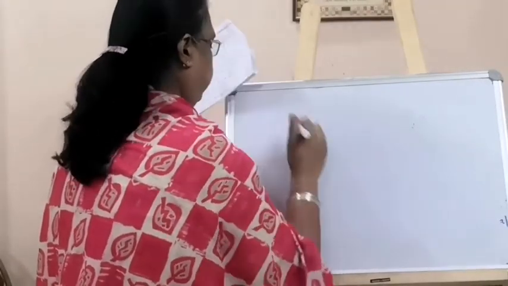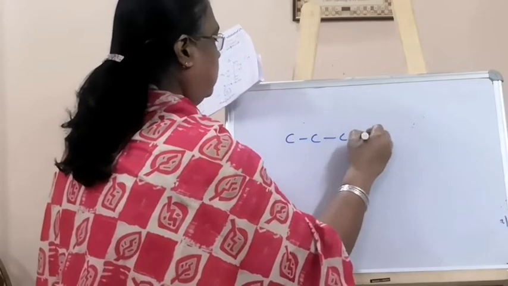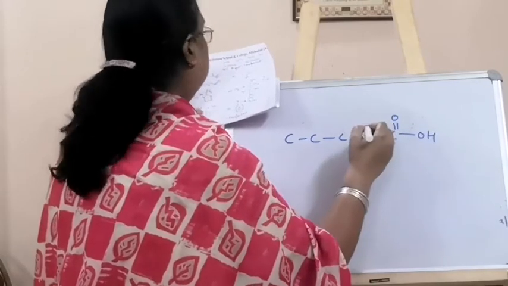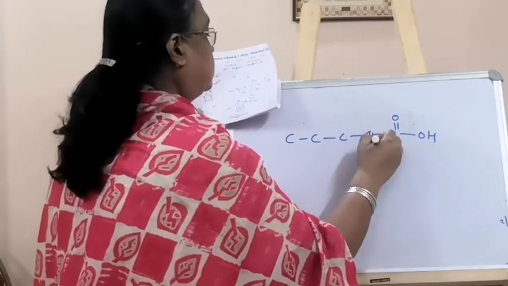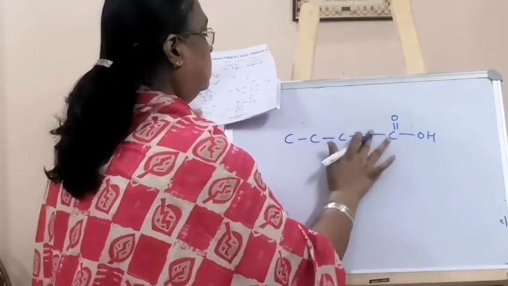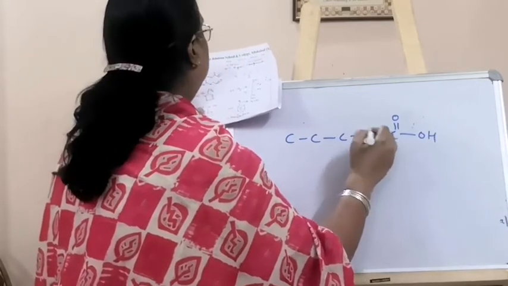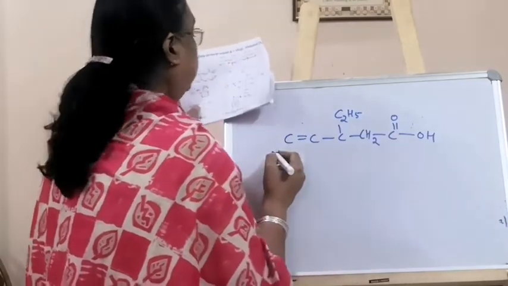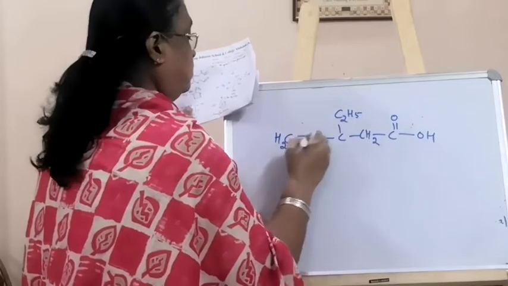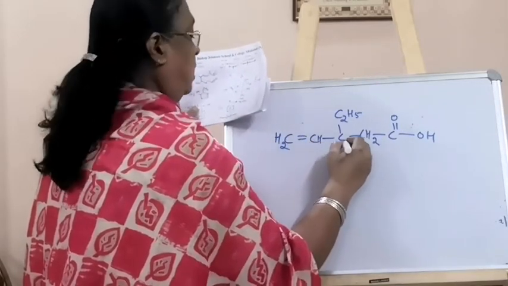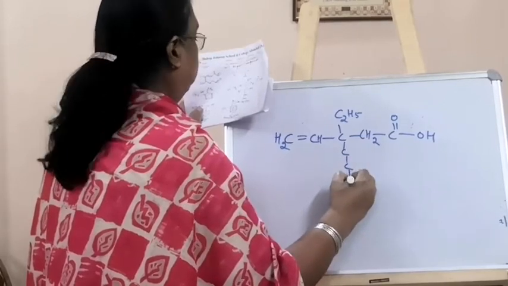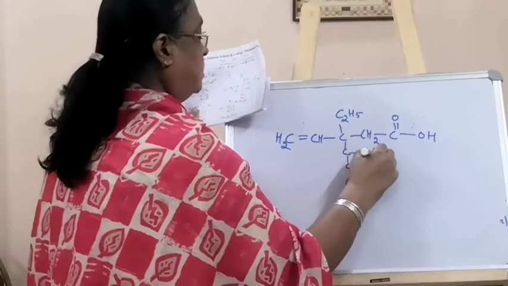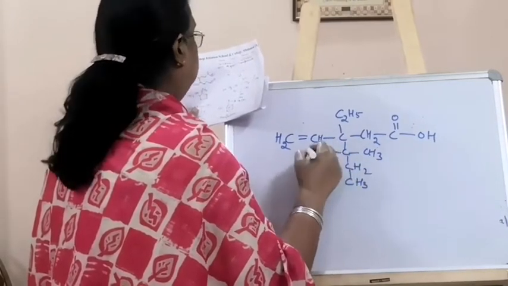1, 2, 3, 4, 5. 1, 2, 3, 4, 5. Double bond, COOH, and this is CH2. And this is C2H5. Here a double bond, CH2, CH, and 1, 2, 3, CH3, CH2, CH3 and CH3.